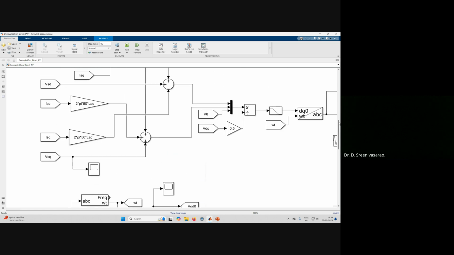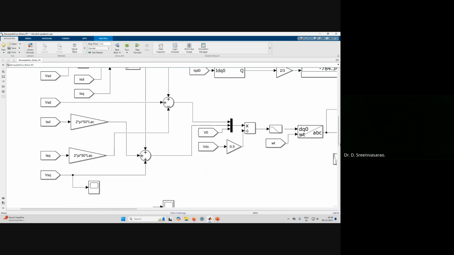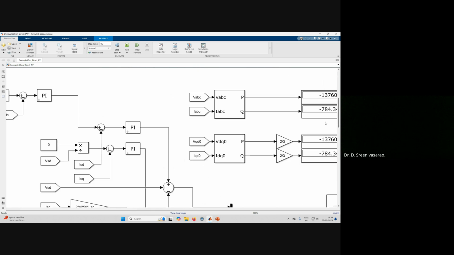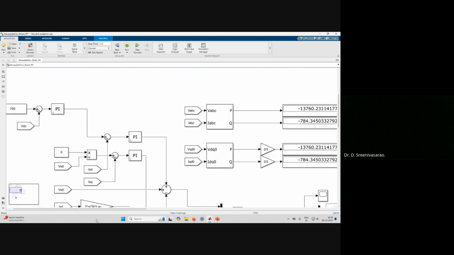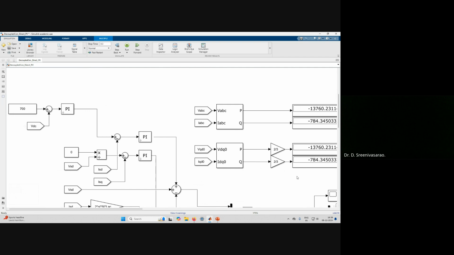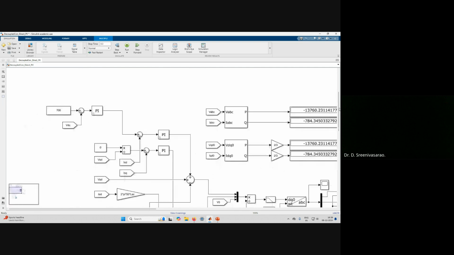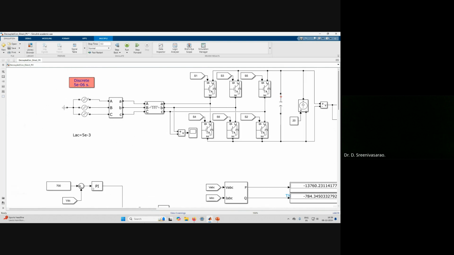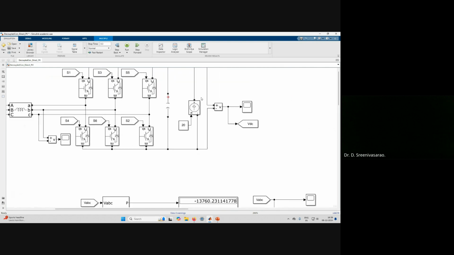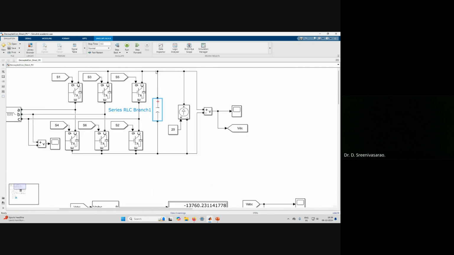So the next thing is setting things up. I now want to maintain the DC link voltage here. So I sense the DC link voltage here, by using this.